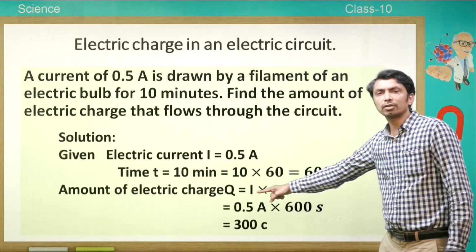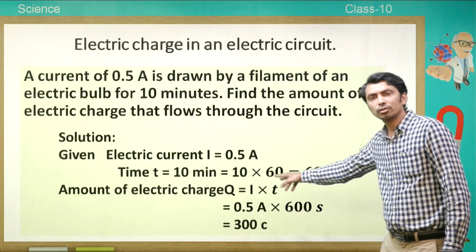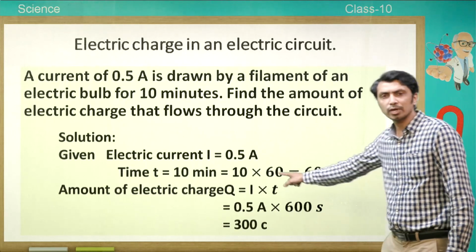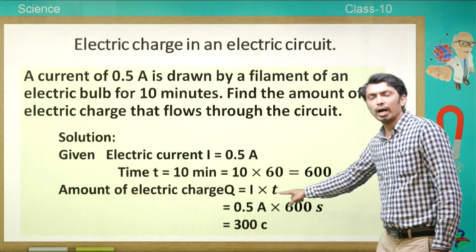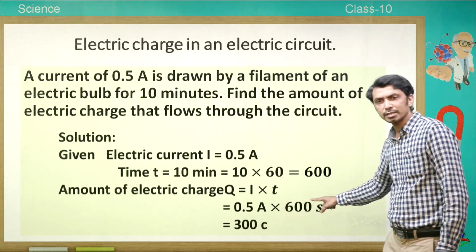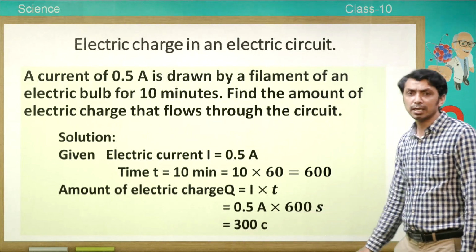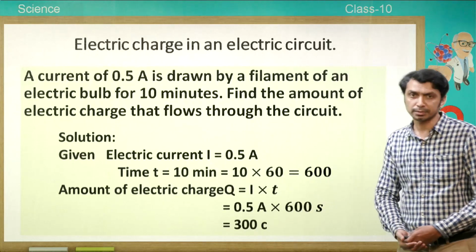Now we will calculate Q. As we know the equation I is equal to Q by T, if we cross multiply it, Q is equal to I into T is the equation we get, because we are finding the amount of charge. Q is equal to, we substitute 0.5 amperes and 600 seconds. So by multiplying we get 300 coulomb. That is the amount of electric charge.